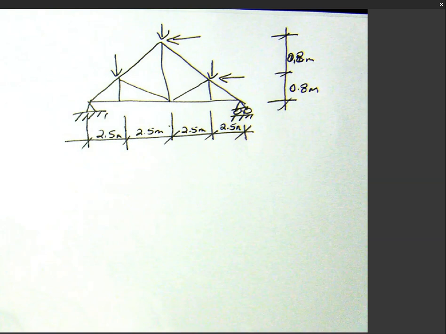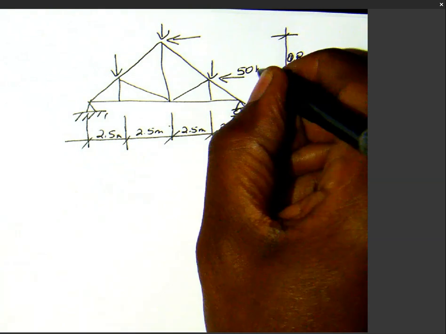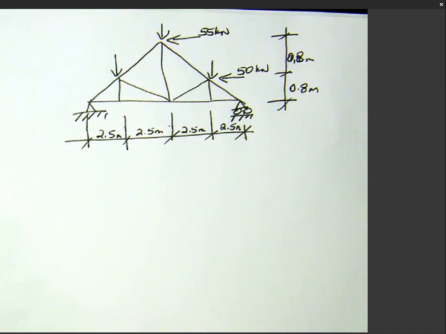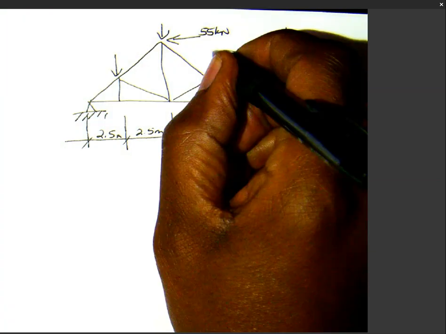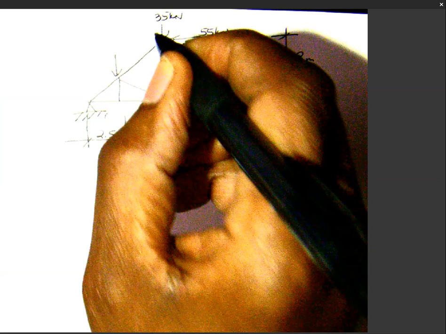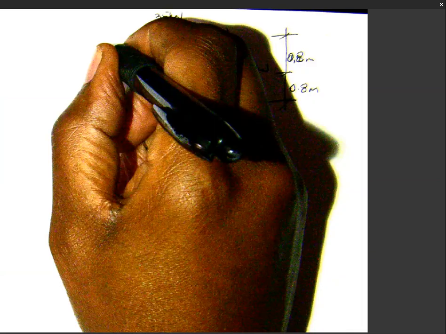I'm gonna say this is 50 kilonewtons. This is 55 kilonewtons. I don't have a solution to the problem, guys. I think I must be clear. There is no solution to this problem. As you can see, I'm just coming up with this one. I'm going to say 30 kilonewtons, 35 kilonewtons, as I say, 25 kilonewtons.